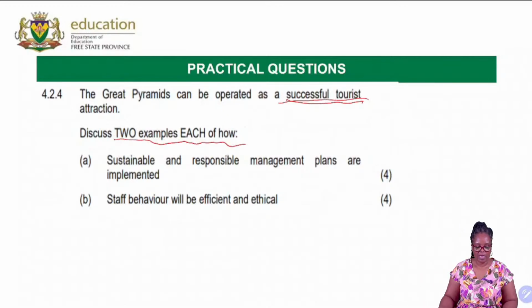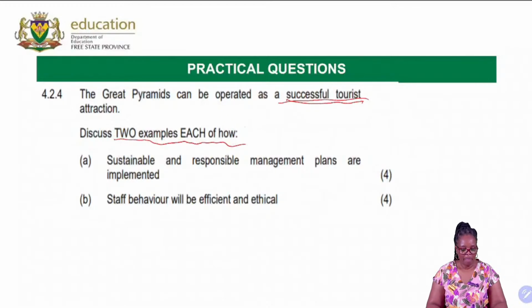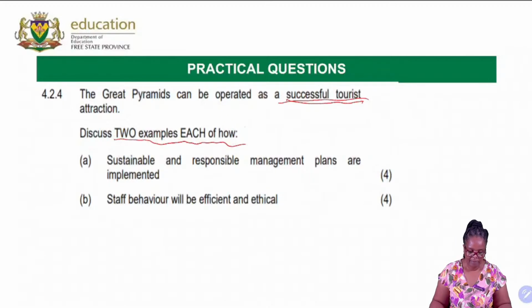So number B says here, the staff behavior will be efficient and ethical. How can the Pyramids of Giza management make sure that the attraction is a successful one through staff behavior? To be ethical is when you do the right thing, whether people are looking at you or not.